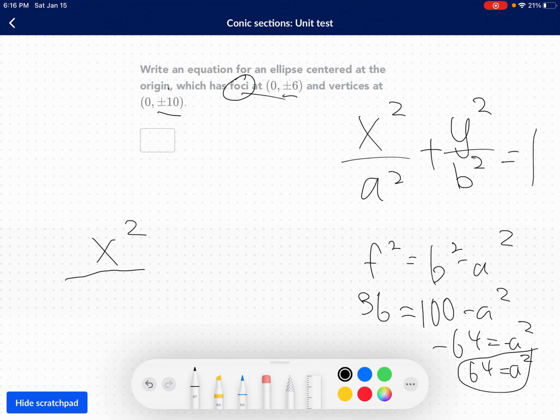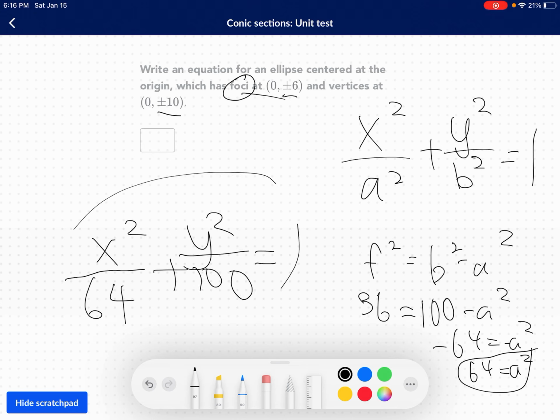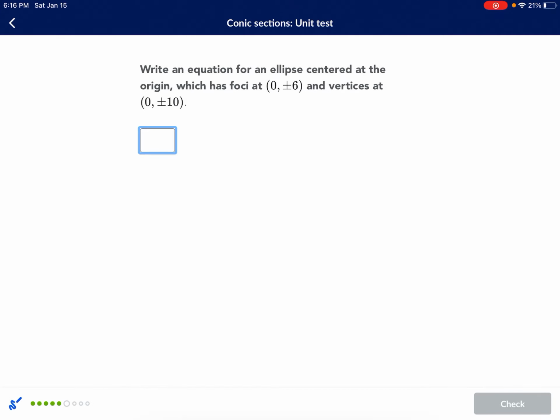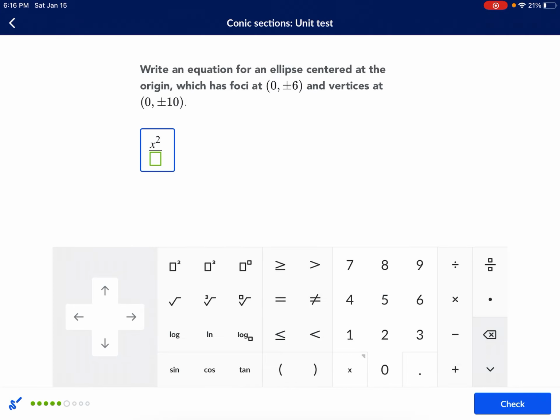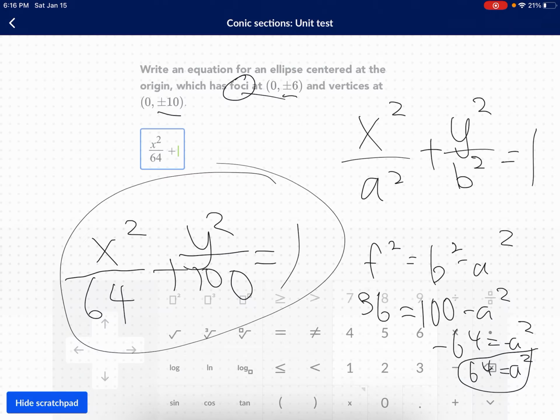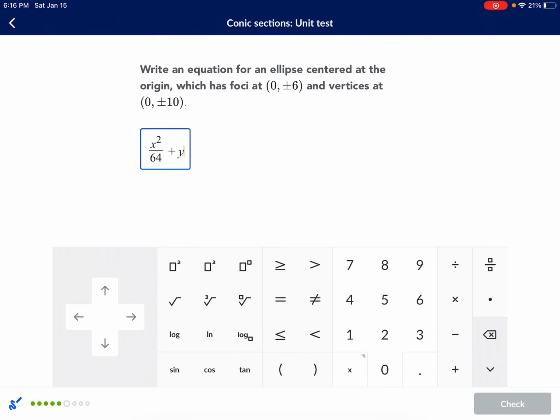This is at the origin, so we don't need to worry about the numerators. x squared over 64 plus y squared over 100 equals 1.